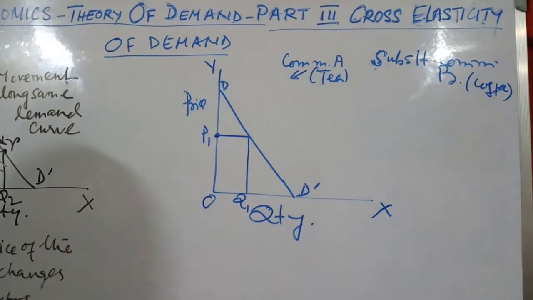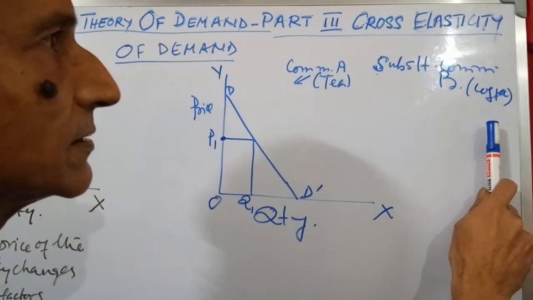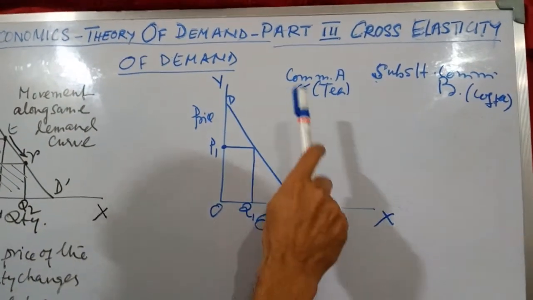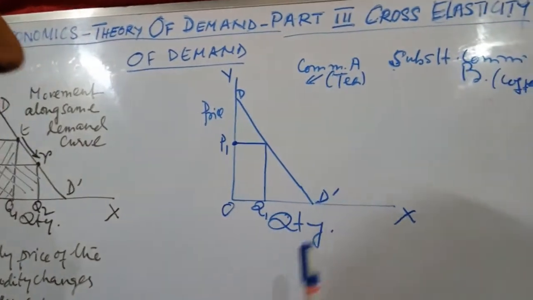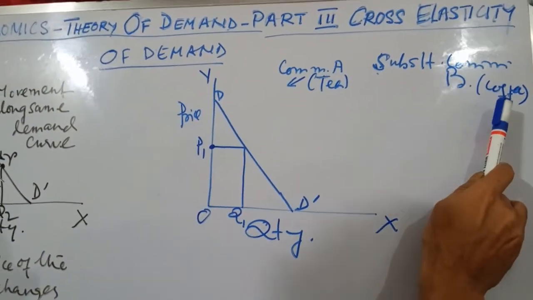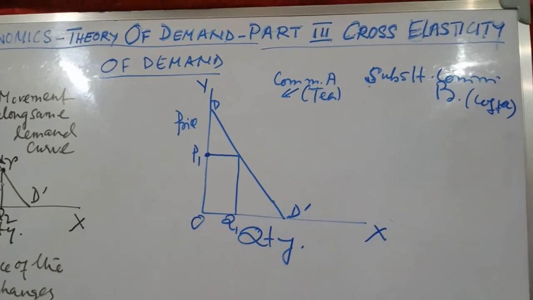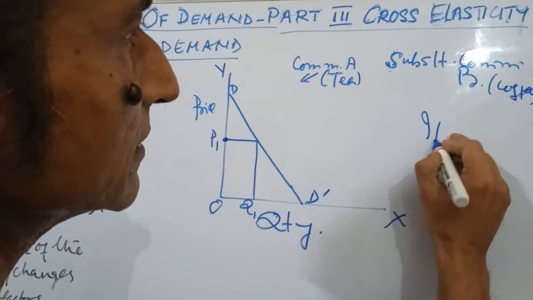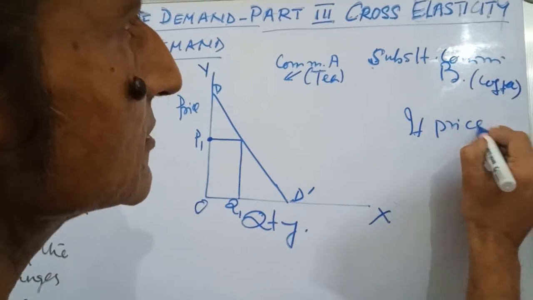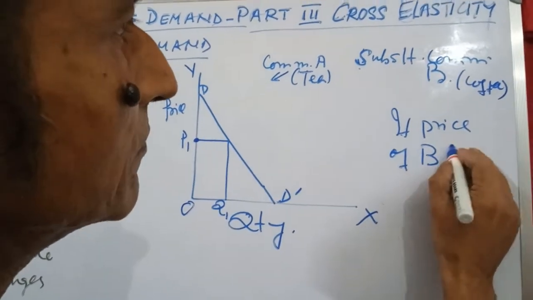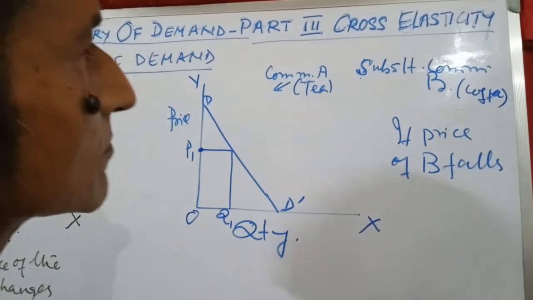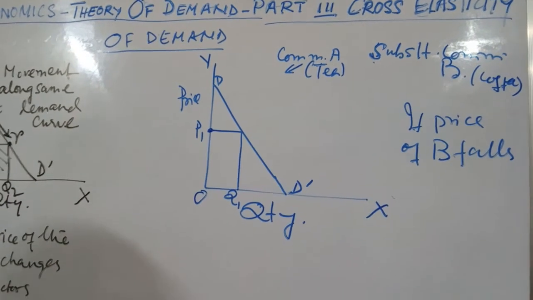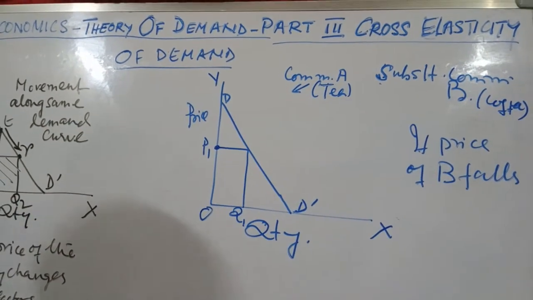The consumer will consume more coffee and will reduce consumption of tea as the price of coffee has fallen. If the price of B falls, the consumer will consume more of B, that is more of coffee and less of tea.